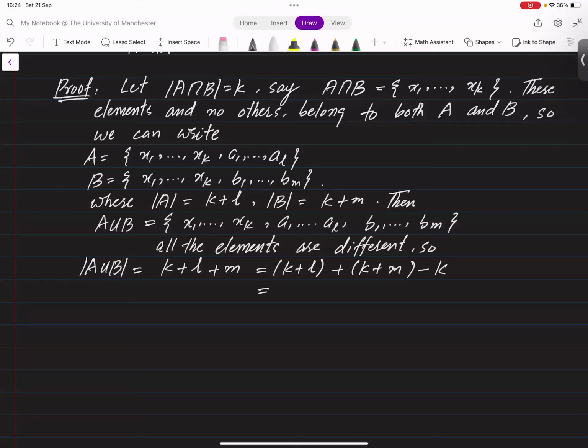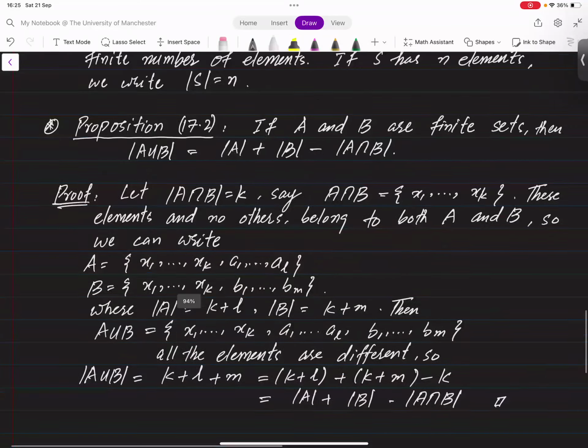And you can write that as order of A plus order of B minus order of A intersection B. And that's the proof of this proposition, right?